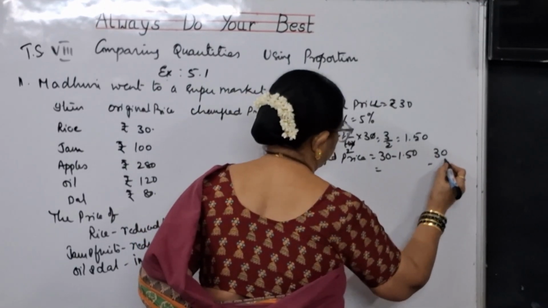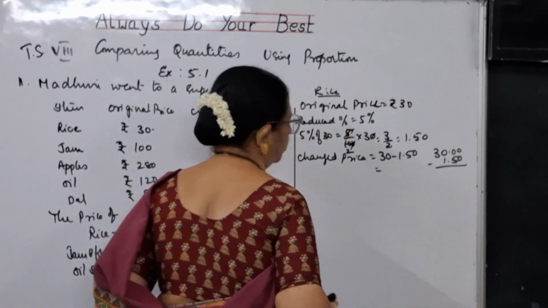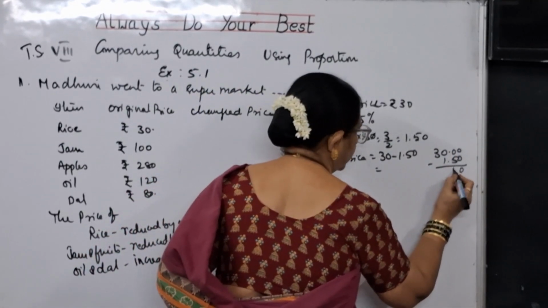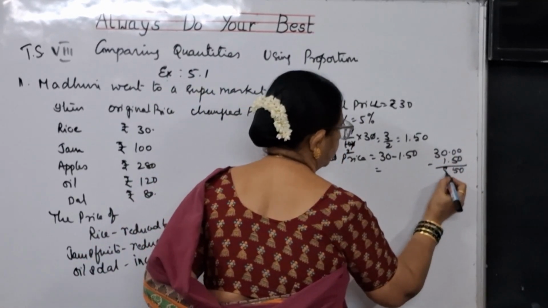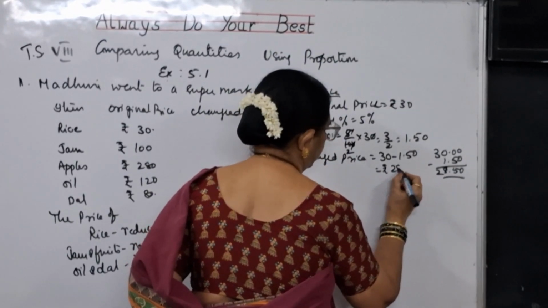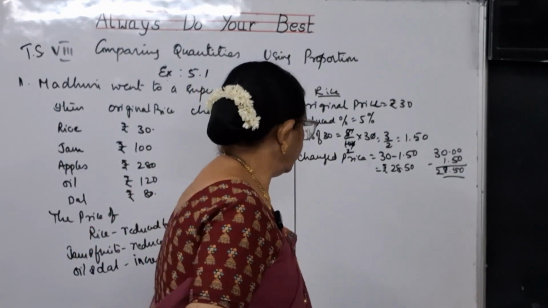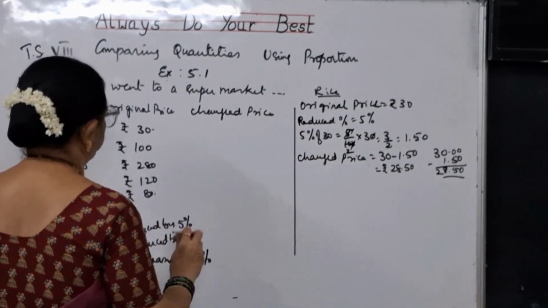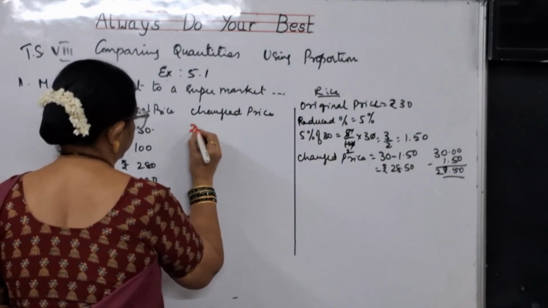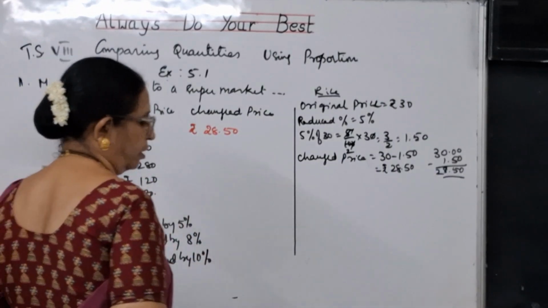From 30, if you subtract 1.50, 0 here, 5 here, 9 minus 1, 8 and 2, rupees 28 rupees 50 paisa. So what is the changed amount? This is rupees 28.50. This is the answer for that.